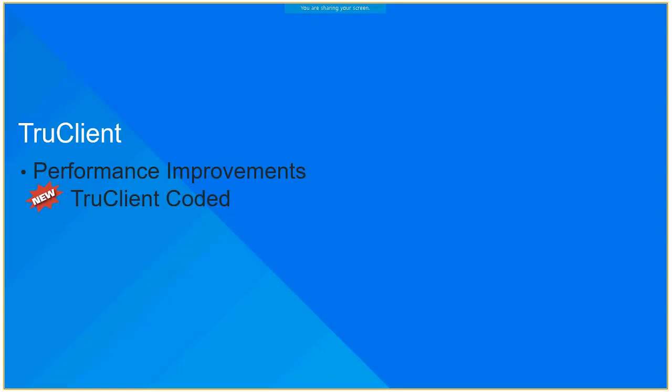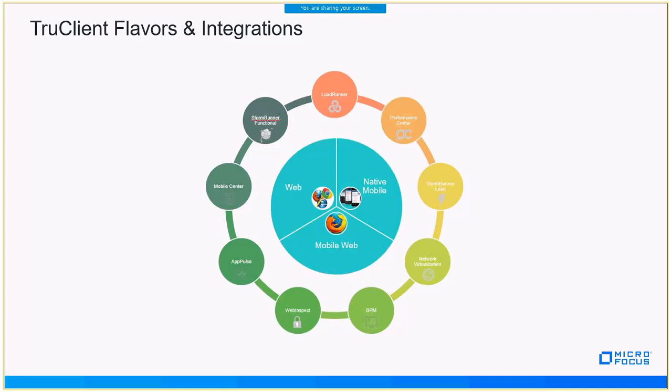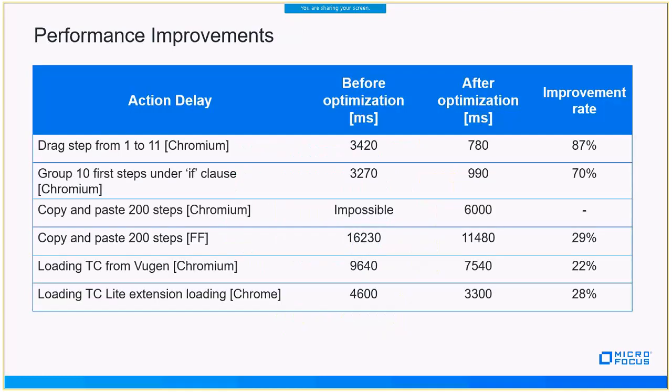Our next order of business, TrueClient. As you know, TrueClient has several flavors and many integrations, including Mobile Center, BPM, network virtualization, and more. Our first priority, as always, is to improve the user experience and performance in TrueClient.